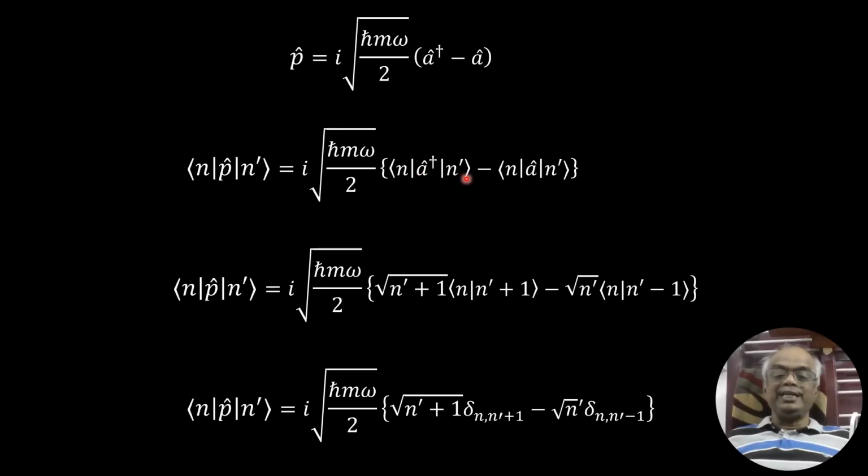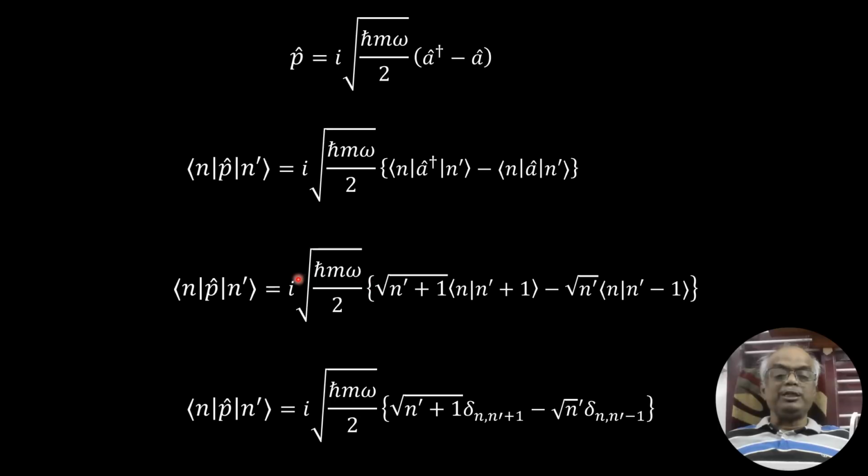When a dagger acts on n prime, as usual, it raises the state by 1, that is n prime plus 1, with the coefficient square root of n prime plus 1. Same is the case with this: it reduces the energy state by 1, n prime minus 1, with the coefficient square root of n prime.